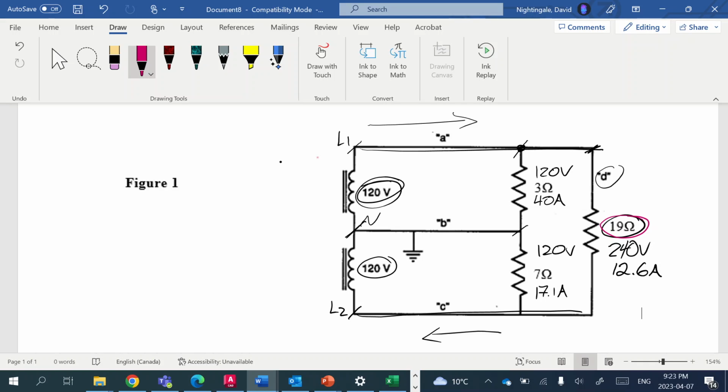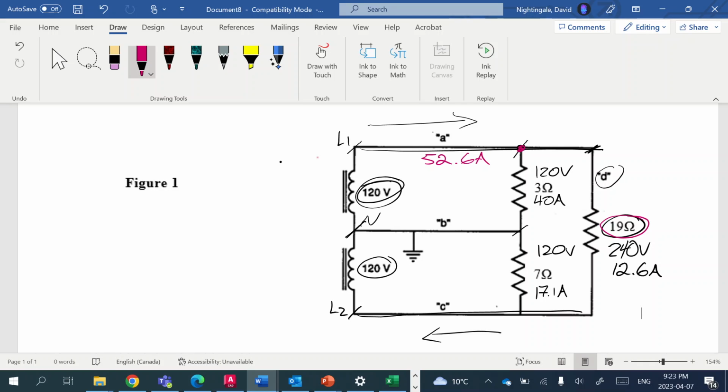So we can, Kirchhoff says that the current going in to a junction must equal the current leaving that particular junction. So this is our junction here, and so we must have 52.6 amps flowing out of there.